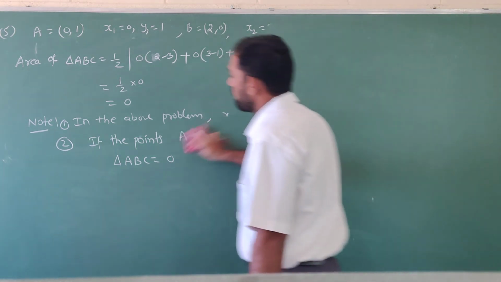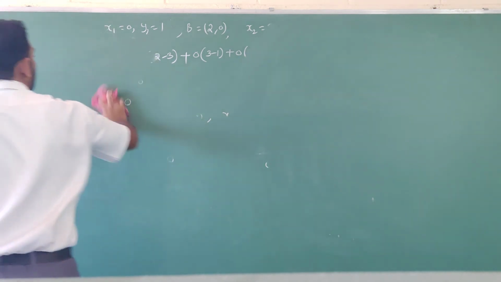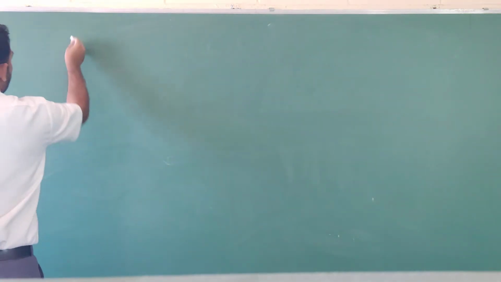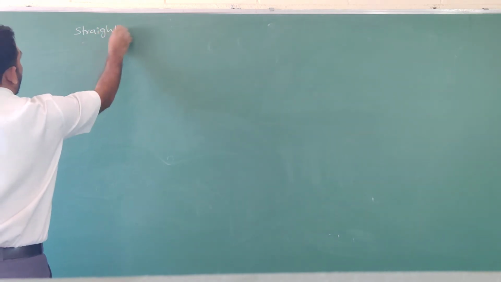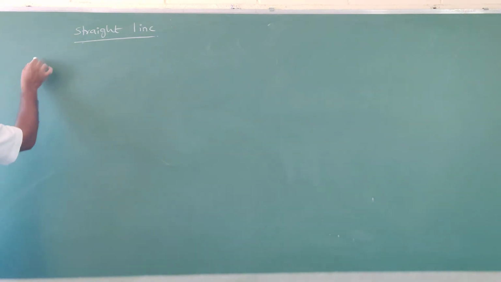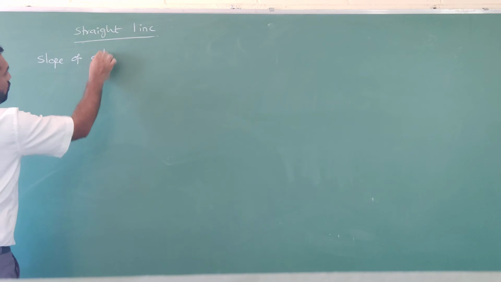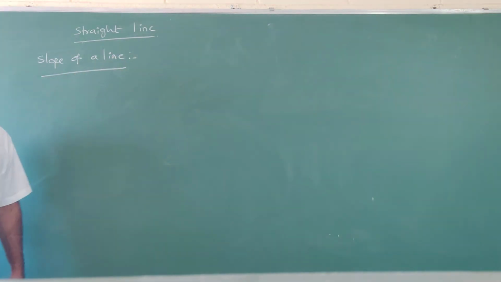In straight lines, the first concept is the slope of a line. What is the slope of a line?